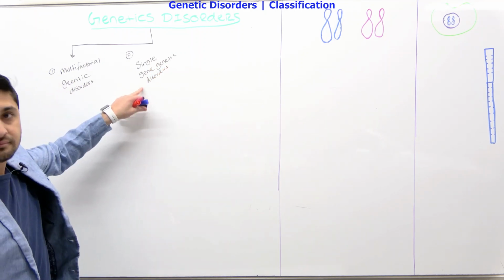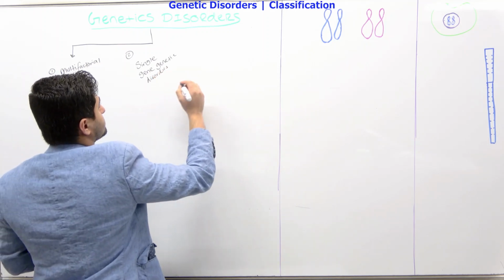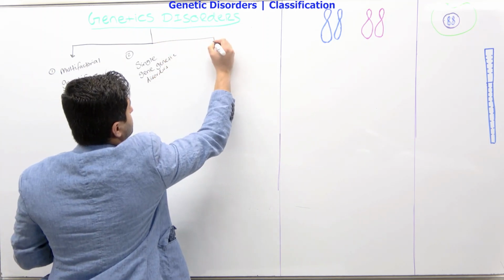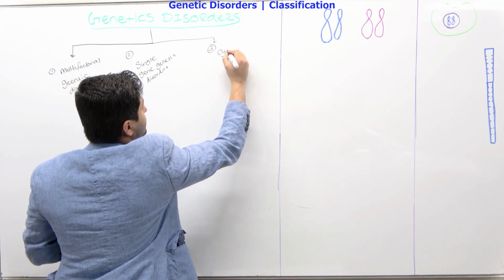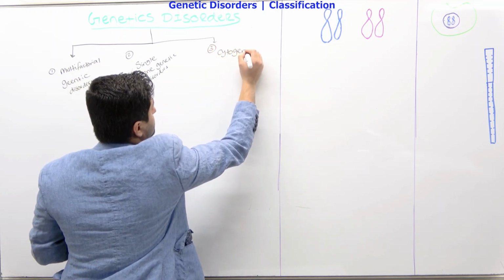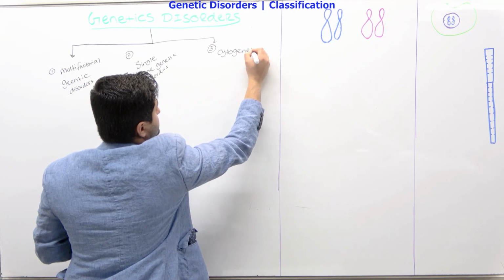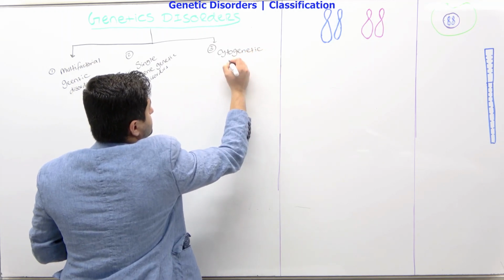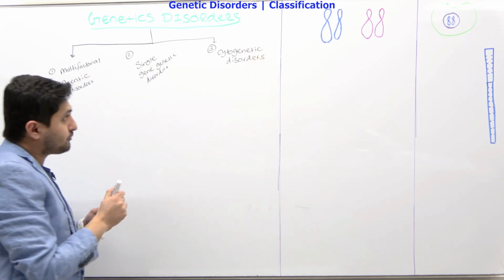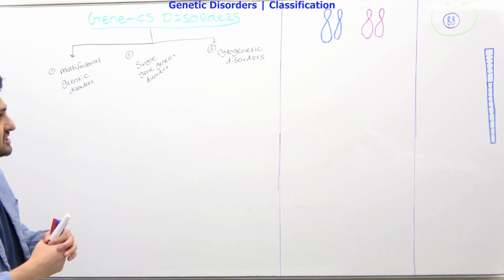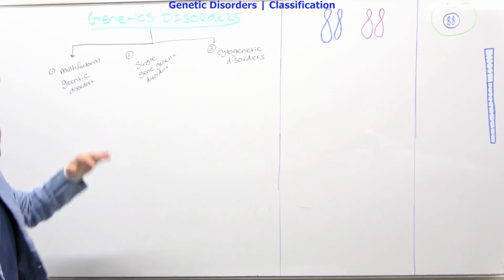And third is the disorders that have to do with cytogenetics, cytogenetic disorders, and we'll talk about this. If we categorize into these three classifications, it's going to make our life a lot easier.